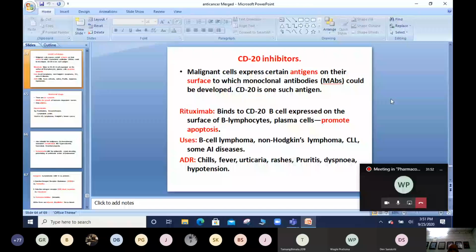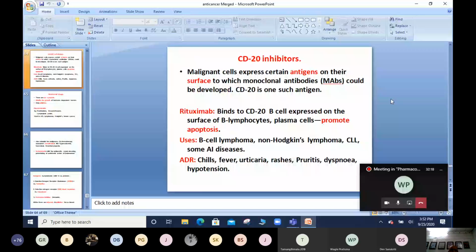This CD20 is one such antigen. These antigens are present on the surface, to which monoclonal antibodies are attached. Now you are trying to inhibit this CD20 antigen.